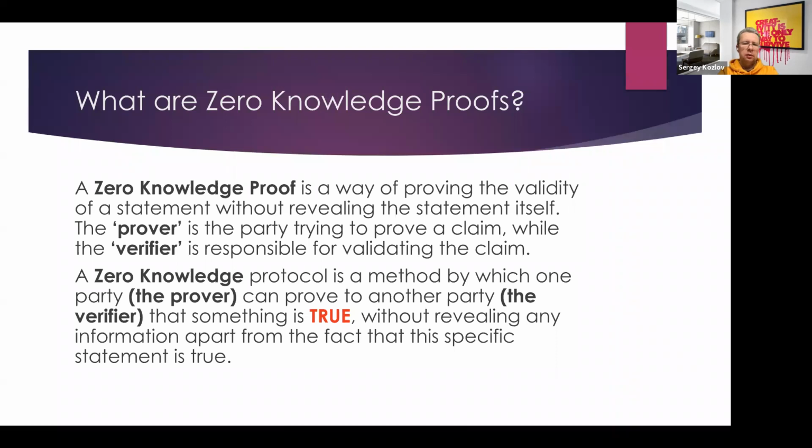Which means that the only thing the verifier will understand from the data, the proof that we provided, is whether our statement is true or false. So strictly speaking, zero knowledge does not mean that no one understands anything, but that there is an exchange of proof between the prover and the verifier, and the verifier will understand if what we say is true or not.